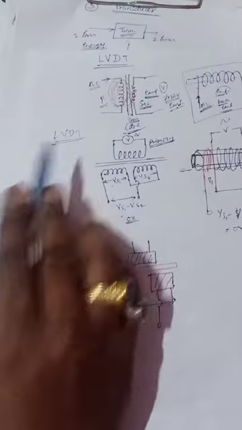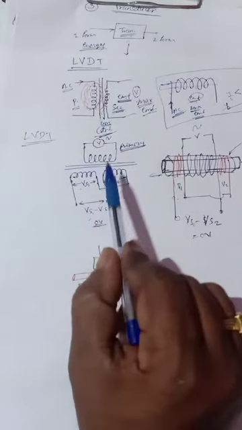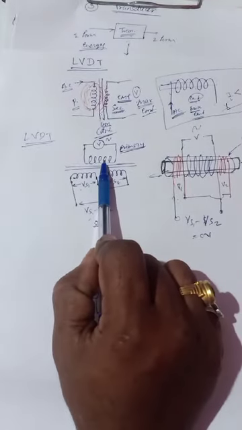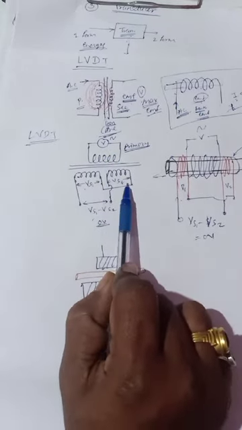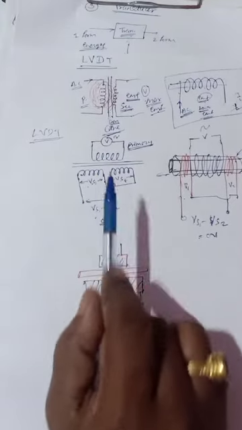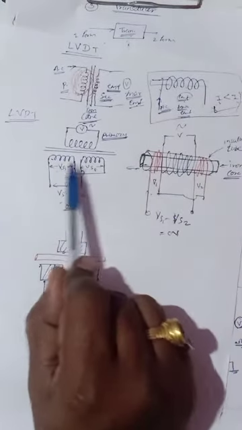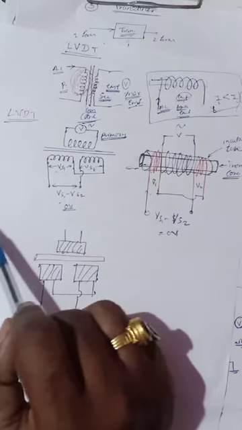The linear variable differential transformer. In this LVDT there is a single primary coil and two secondary coils, but these two coils are connected out of phase.